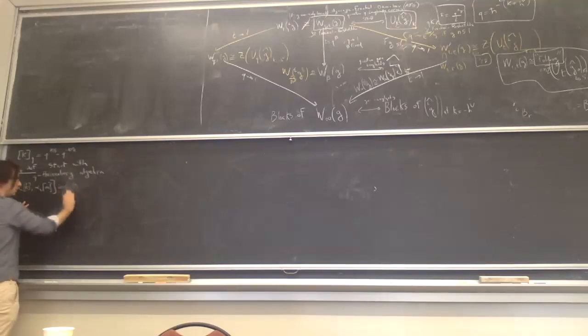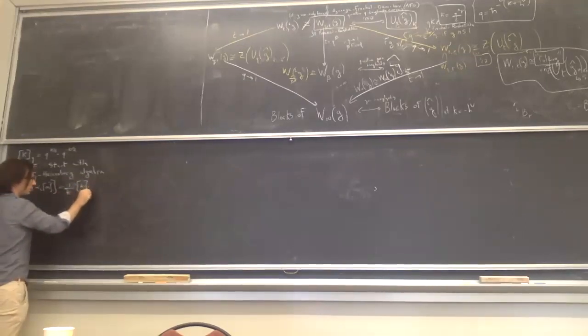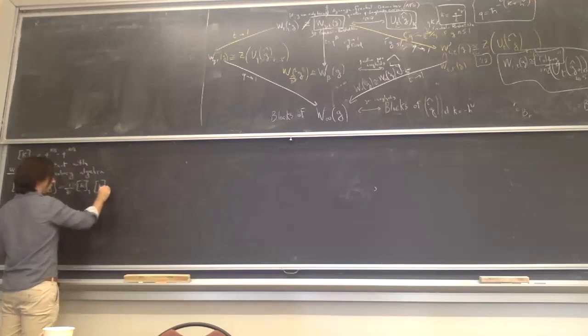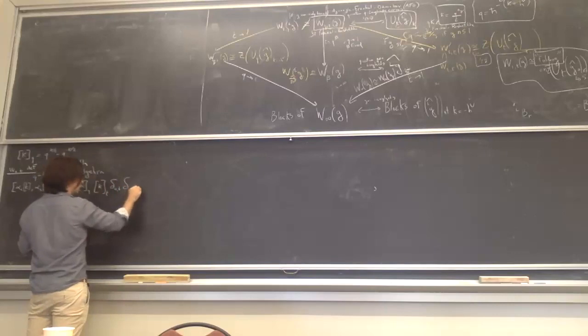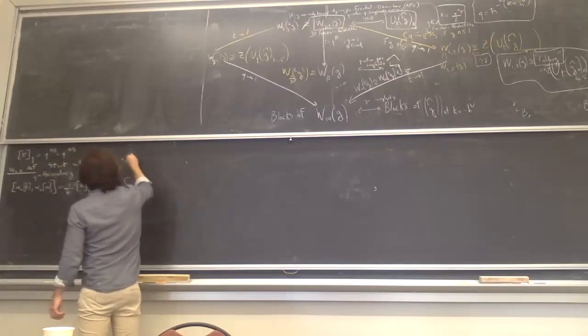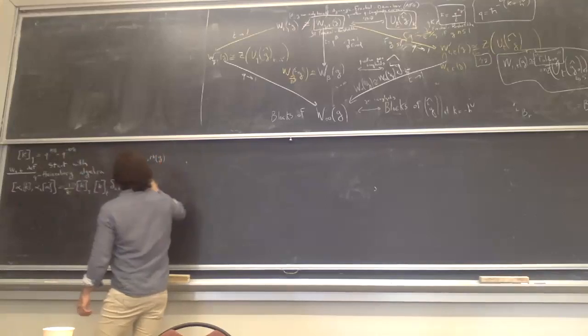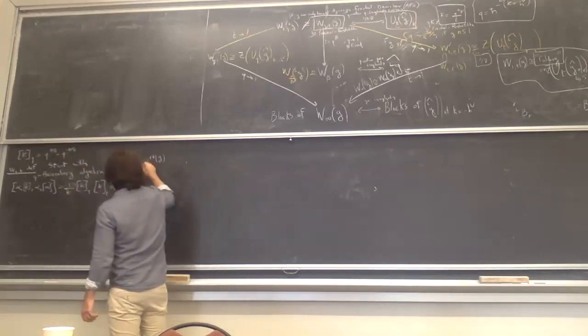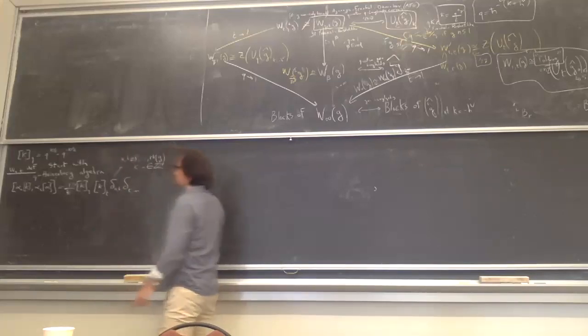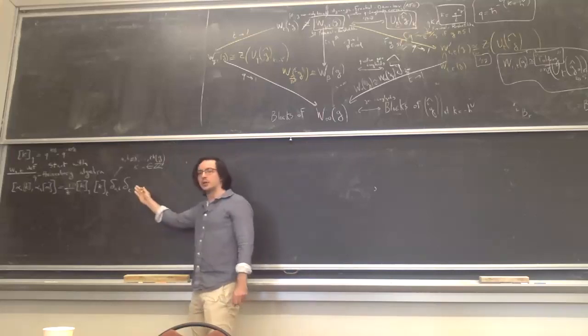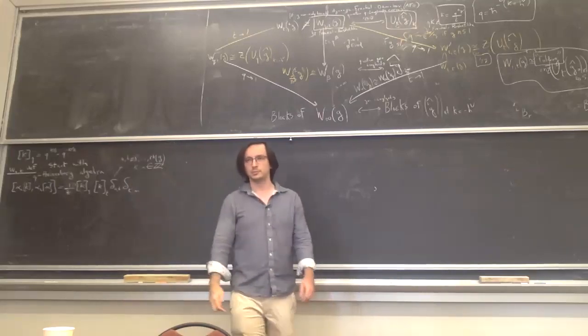So the commutator is proportional to [k]_q, [k]_t, delta_{ab}, delta_{k+m}, where a, b go from 1 to the rank of G. And these k and m are integers. In this case, maybe I'll exclude the zero mode. And so that's the defining relation of the deformed Heisenberg algebra.